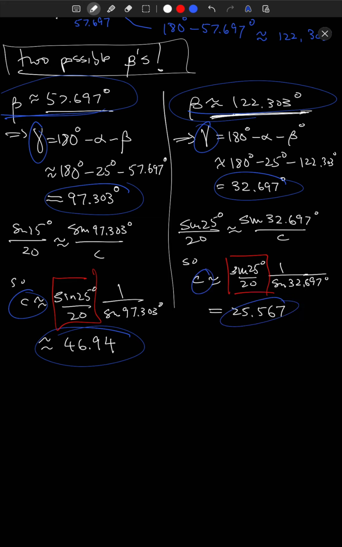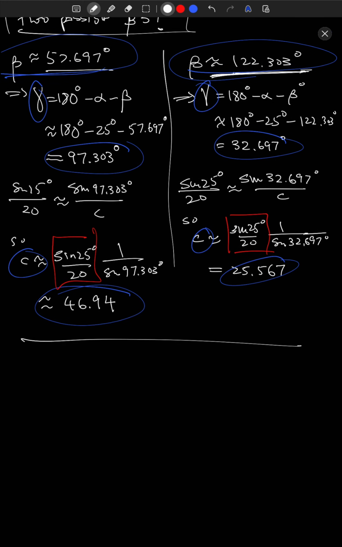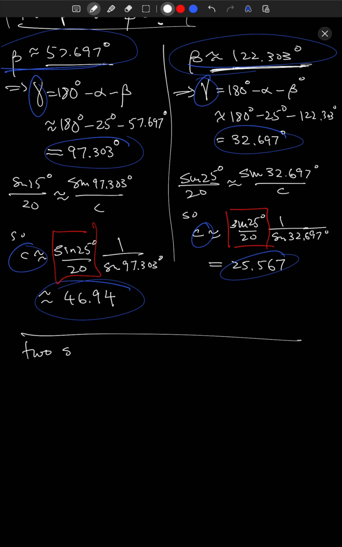So this particular problem has two triangles, so two solutions. Beta approximately 57.697, gamma approximately 97.303, and C approximately 46.94.